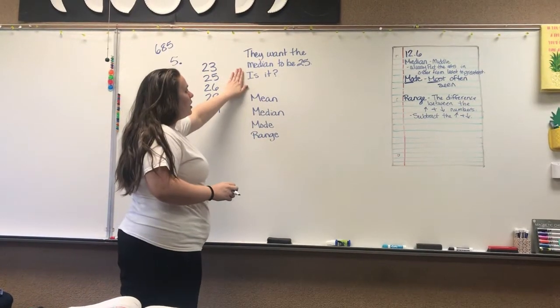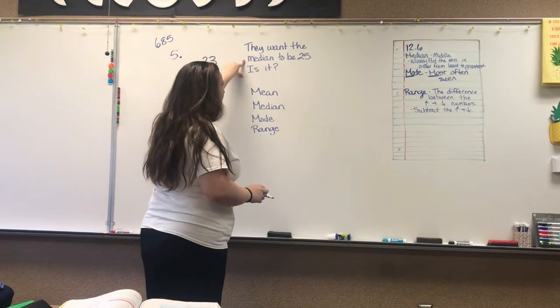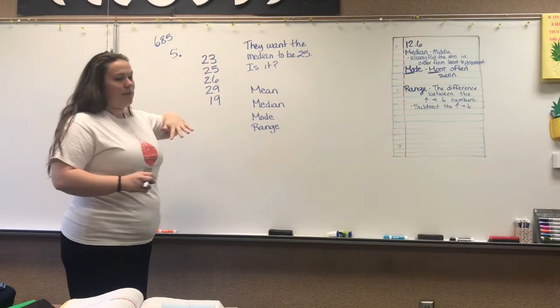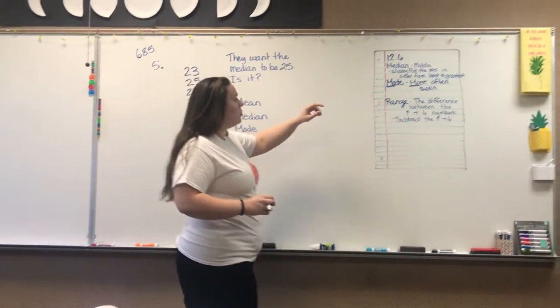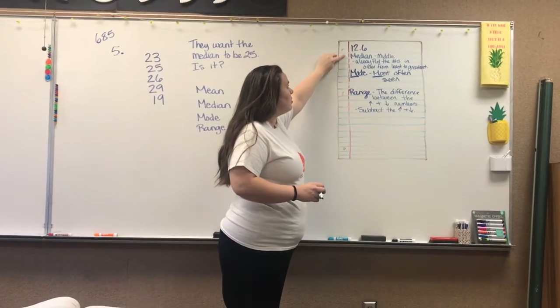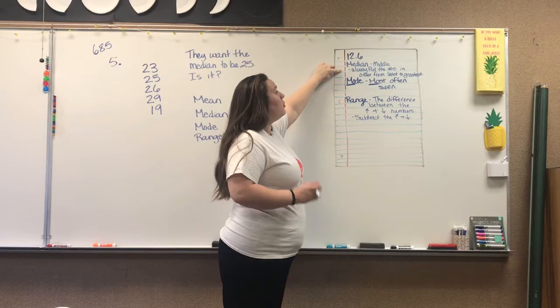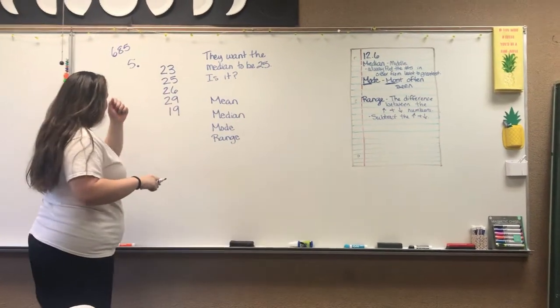And they want the median of the cars to be 25 miles per gallon. So, do we know how to find median? We do know how to find median, and if you don't remember, you can go over here to your notes. Median means middle. Put the numbers in order from least to greatest.